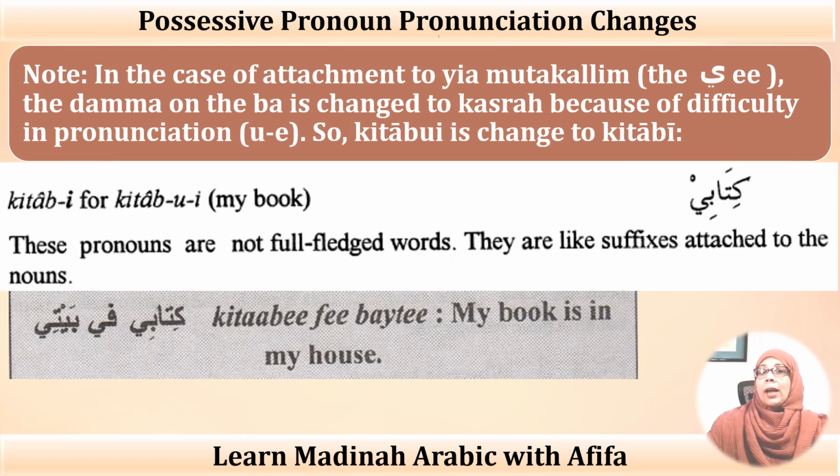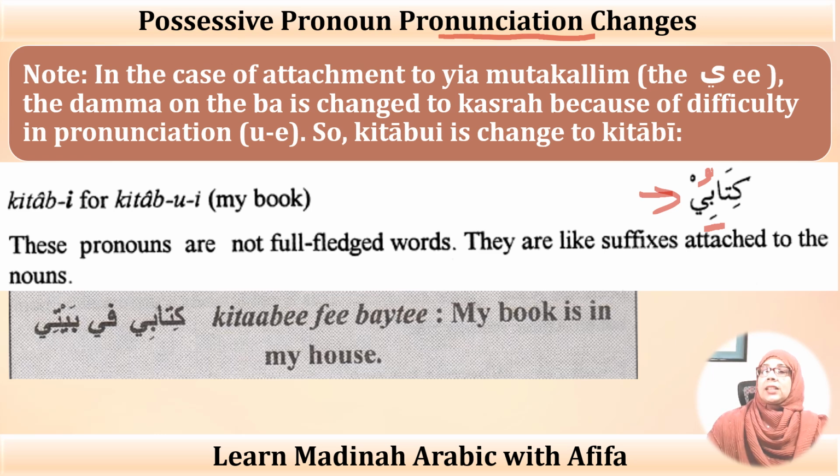Now let's look at a pronunciation change when the personal pronoun ya mutakallim is added to the noun. The noun was kitabu, right? There was the dhamma on the noun here. When the ya mutakallim was attached to this noun, it changed the dhamma to a kasra.